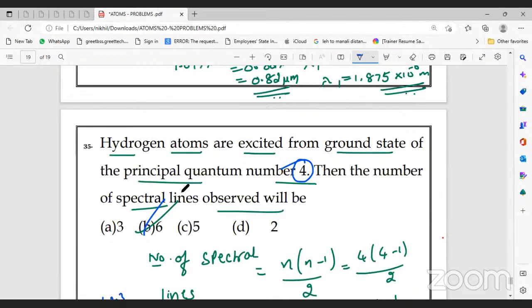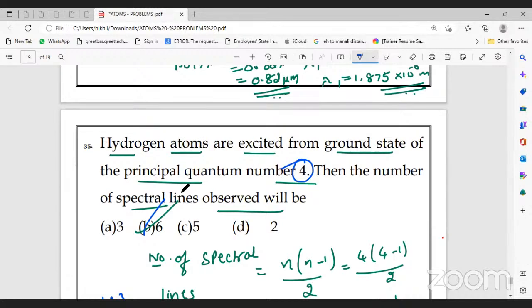In the next class, I am going to take up the new chapter, that is nuclei and radioactivity. In this chapter, we have studied the structure of the atom. You know that the central part of the atom is called the nucleus. Now we are going to study the properties and phenomena exhibited inside the nucleus, and how the reactions take place inside the nucleus, which we call nuclear reactions.